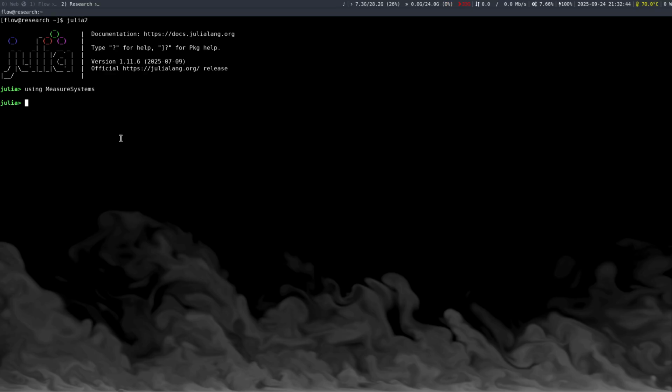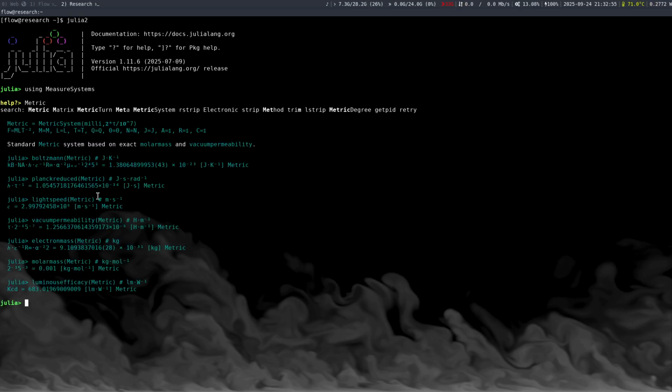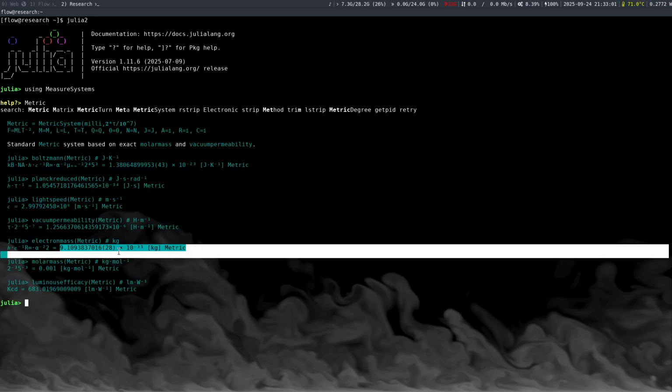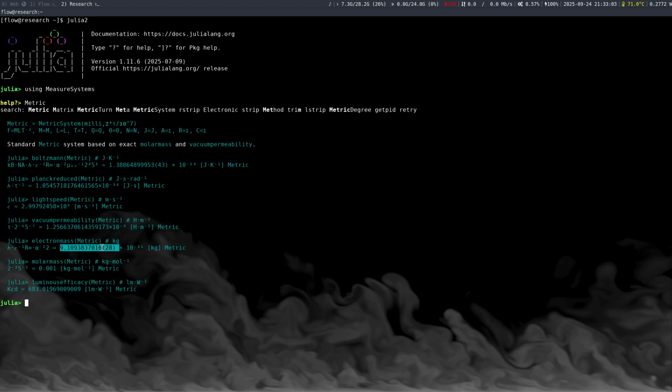If you're just interested in exploring the concepts involved, then I recommend using MeasureSystems, which deals with uncertainty values. It can propagate the uncertainty in a value, but that's using another Julia package called Measurements.jl.